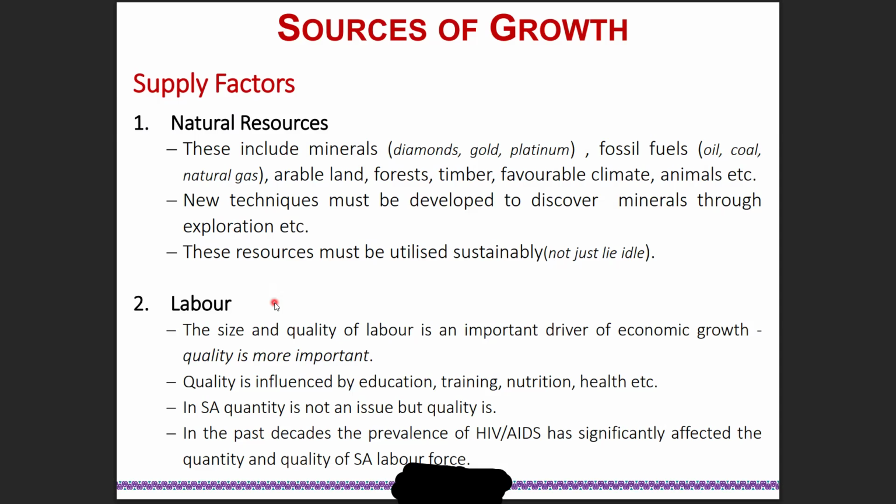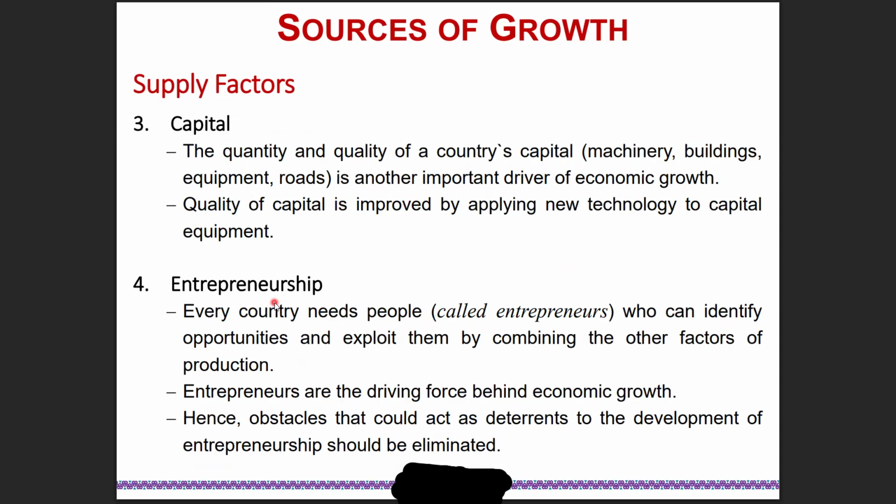We need people who are healthy, because when they're healthy, they can work, which will then increase the production, and automatically lead to economic growth. We look at capital, where we said we need capital goods, capital equipment like proper machinery that can stimulate our production. We have to ensure that we get quality equipment, not just any equipment, but quality equipment that can help to stimulate our production.